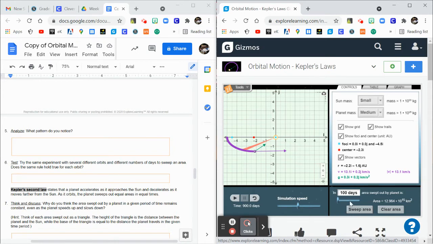So in 100 days, that movement in this area of the red triangle is this much. Okay. So if we continue, that's 100 days, right? That movement is for 100 days, and this is the area that this body moved, right?